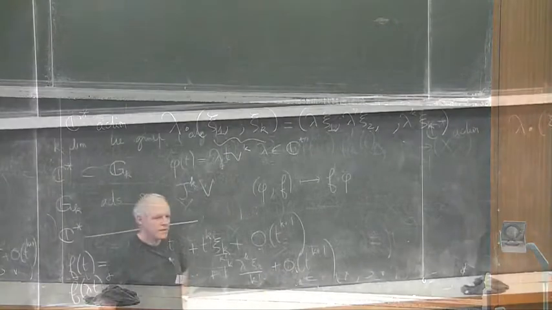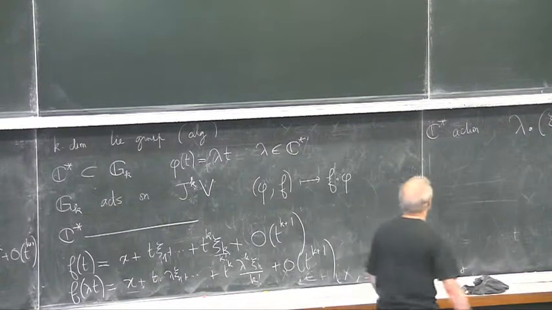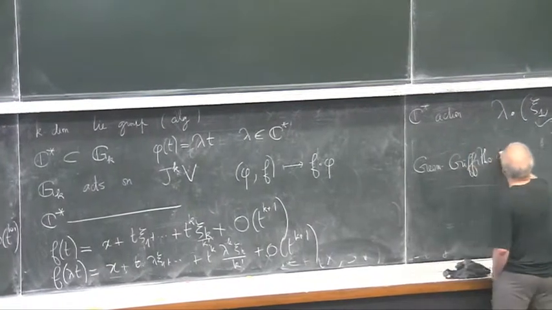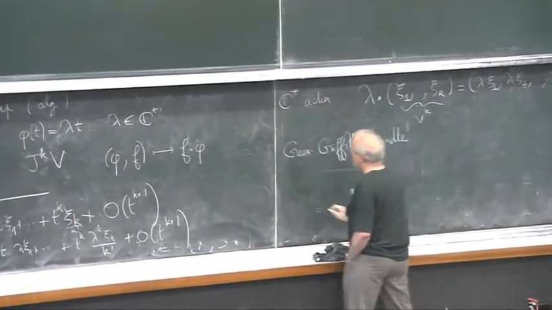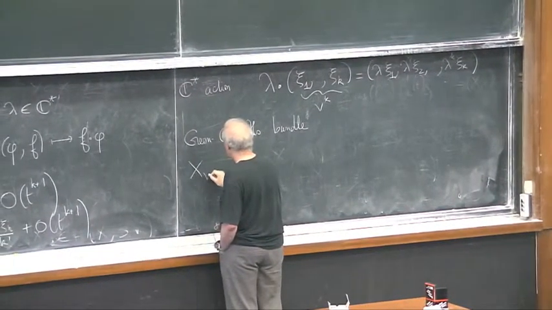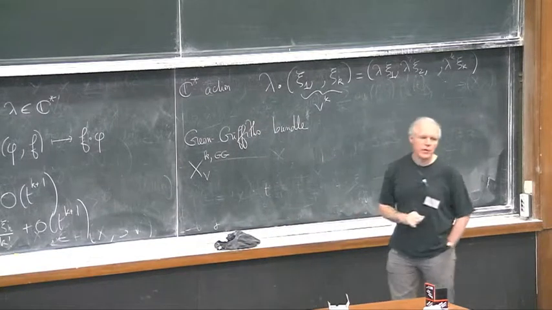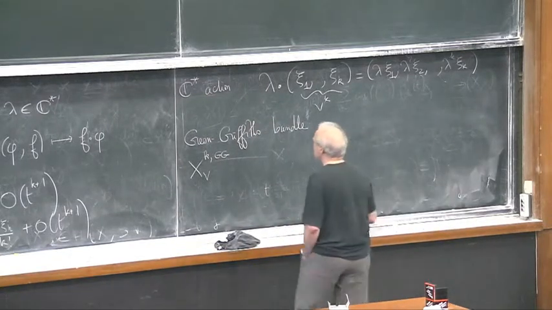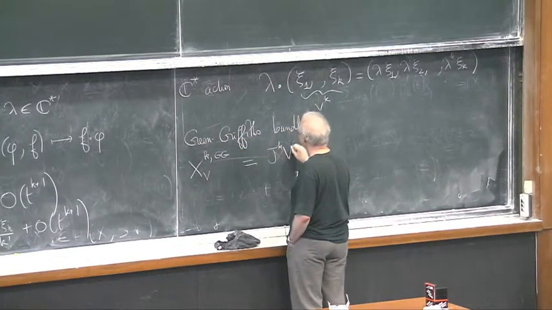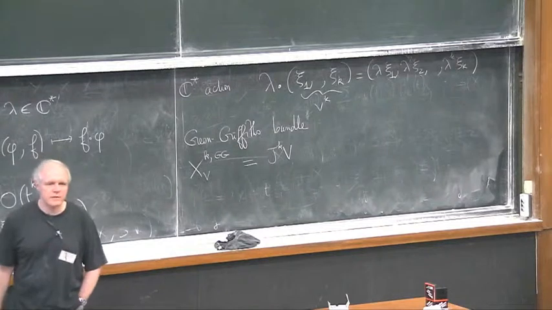Now, it is interesting to take the quotient by the C star action. So this is called the Green-Griffiths bundle, which, of course, depends on V. I will put GG for Green-Griffiths because I'm going to define another one. So it's just the quotient of this JK of V, but you remove the constant sections.